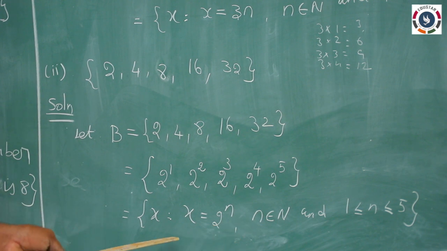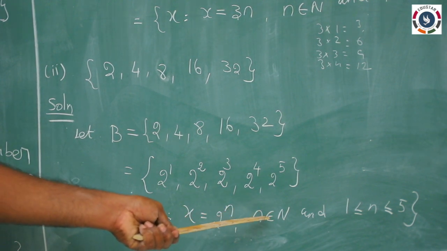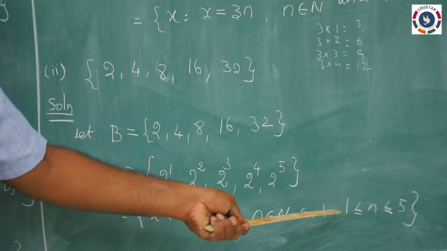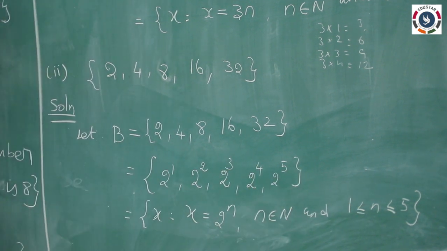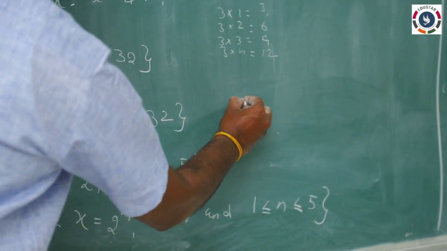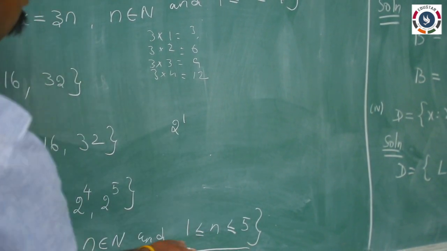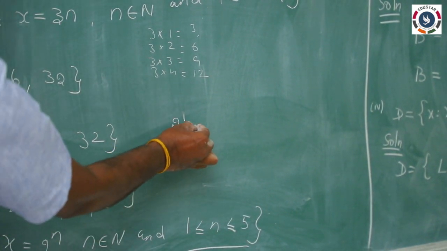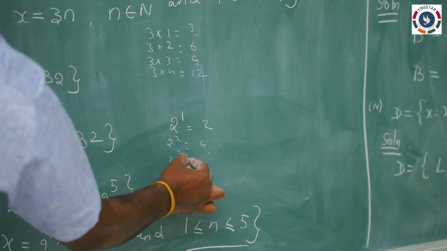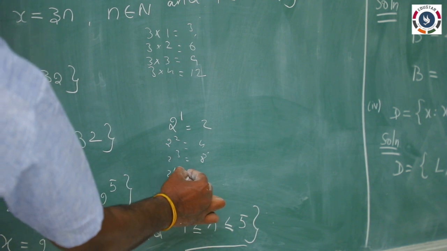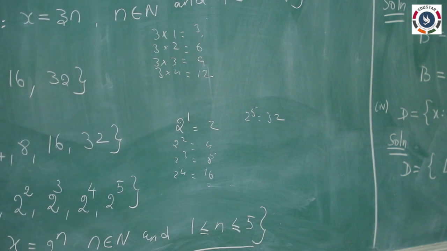So, this can be written as x such that x equal to 2 power n, n belongs to N and 1 less than or equal to n less than or equal to 5, because 2 power 1 equal to 2, 2 square equal to 4, 2 cube equal to 8, 2 power 4 equal to 16 and 2 power 5 equal to 32.